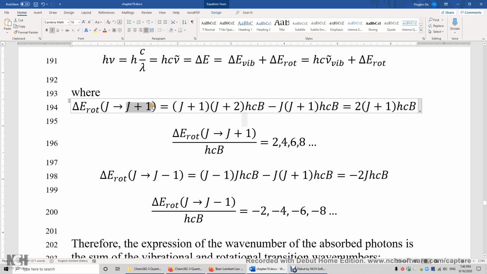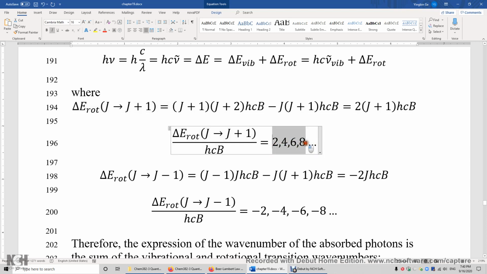J plus 1 can be 1, 2, 3, 4. So again, the value of J increases by 1, and the energy change is 2 times (J plus 1) times hcB. So this energy change divided by hcB is going to be an even number. It can be 2 or 4 or 6 or 8. You just plug in the value of J here. J can be 0, 1, 2, 3. And then 2 times (J plus 1) can be 2, 4, 6, 8.